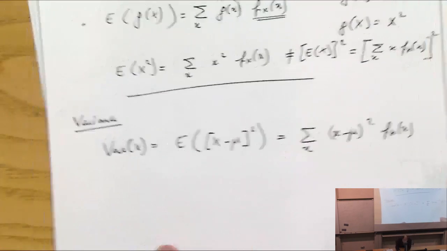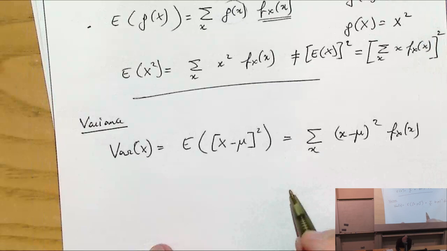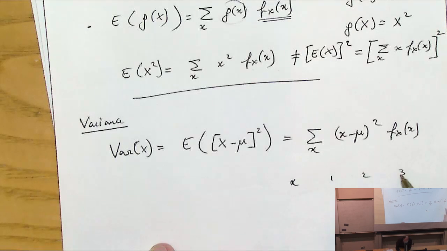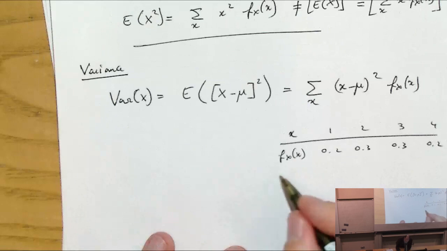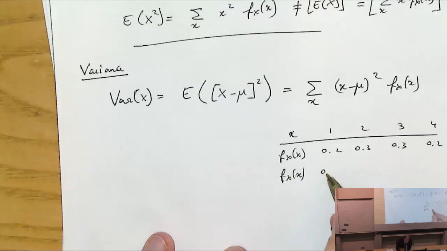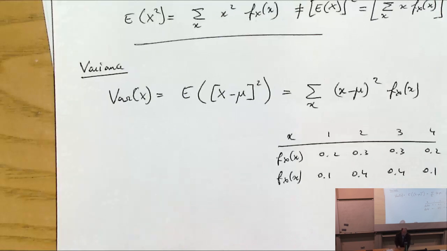Okay? So let me give you an example intuitively. We had this case where x is 1, 2, 3, 4 and f of x is given by 0.2, 0.3, 0.3, 0.2. Then you can have another probability mass function, for instance, 0.1, 0.4, 0.4, 0.1.